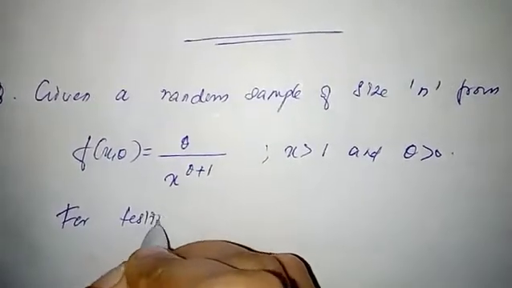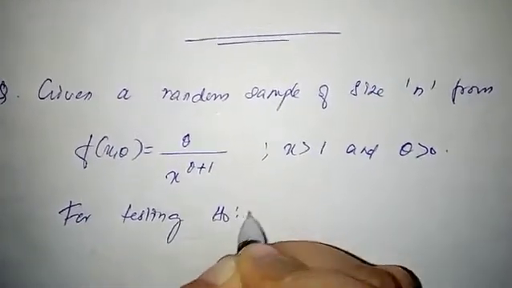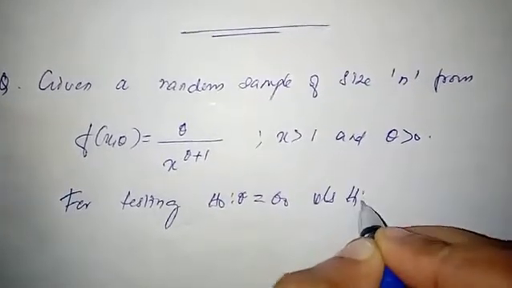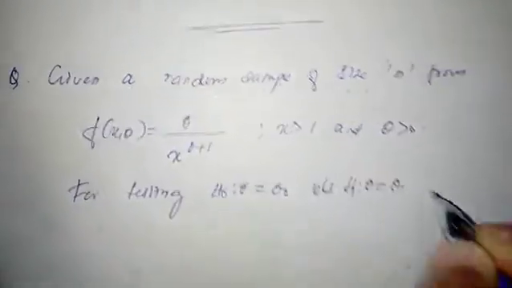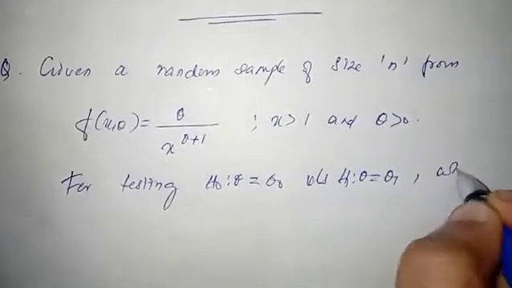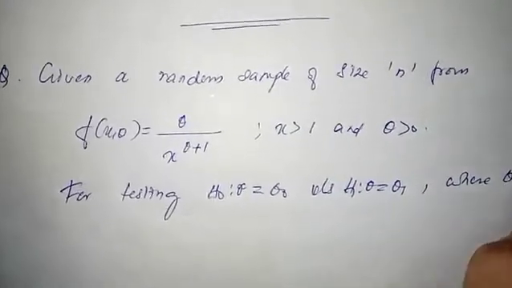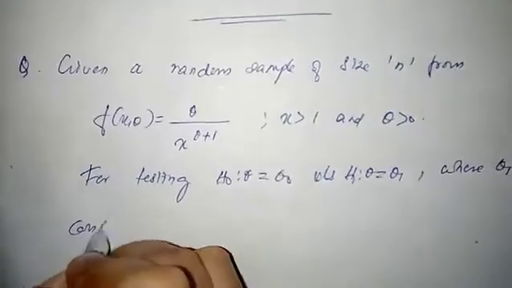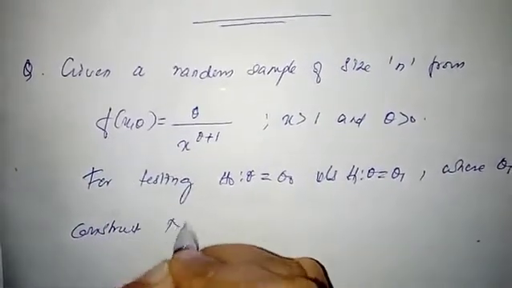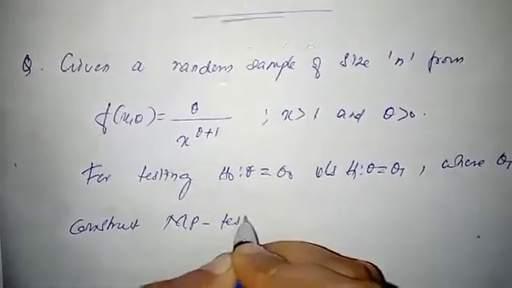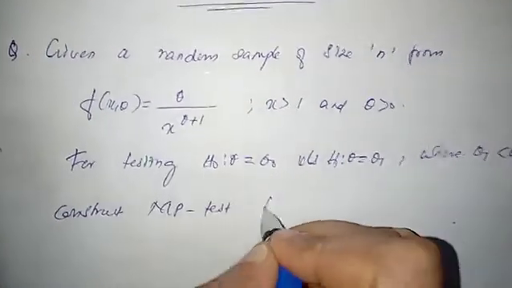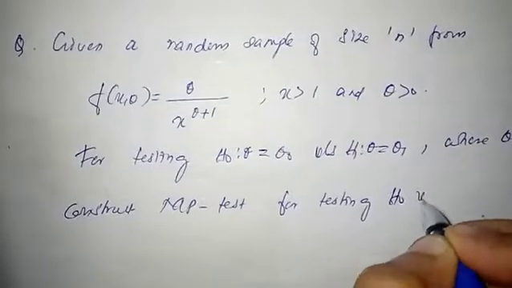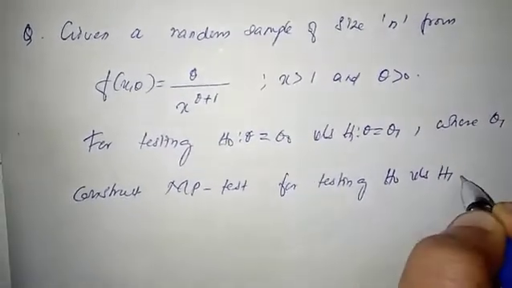For testing H0 theta equal to theta naught versus H1 theta equal to theta 1, where theta 1 is less than theta naught, construct the most powerful test for testing H0 versus H1.